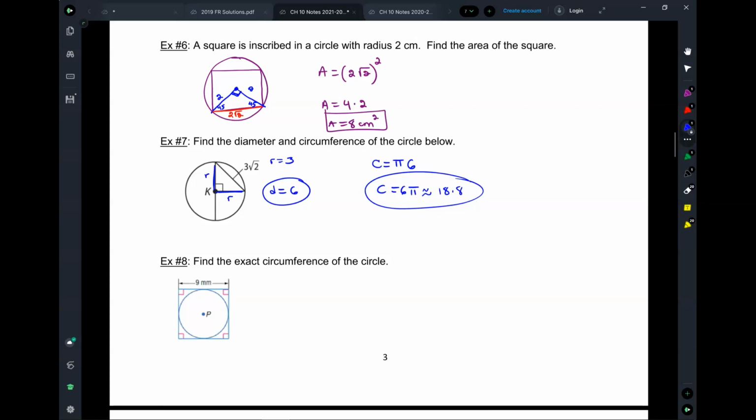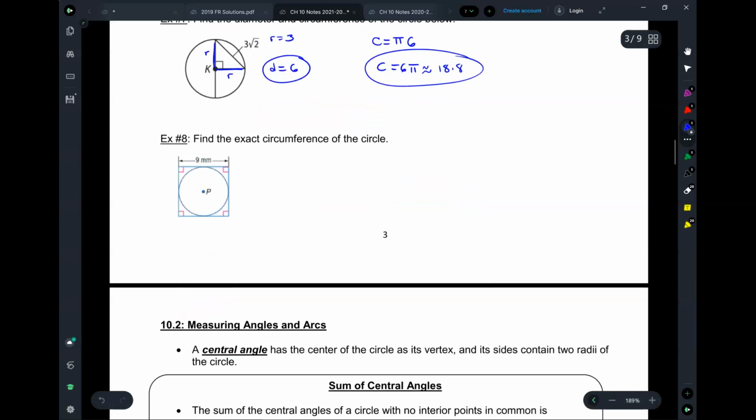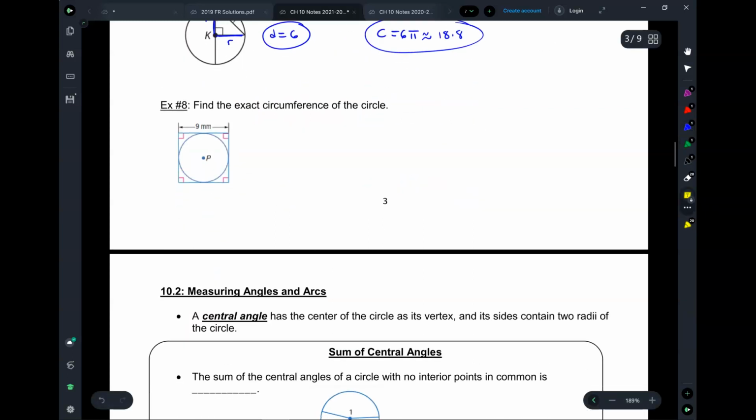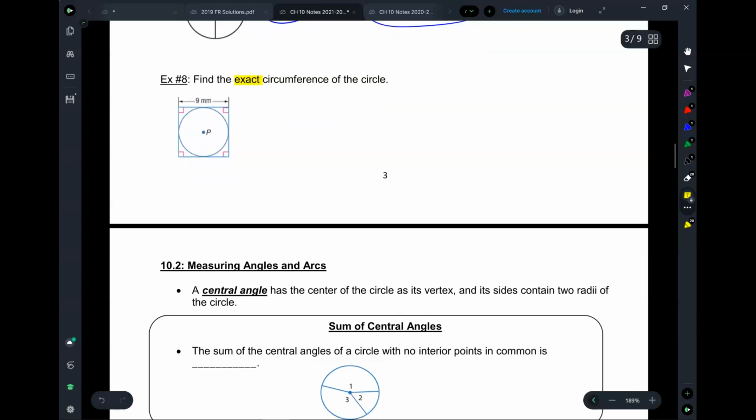Okay. Find the exact circumference of the circle. If it says exact, this doesn't mean do it correctly. That's not what it means. It means put it in exact form. So we need the circumference of the circle. That means we need the radius of the circle.